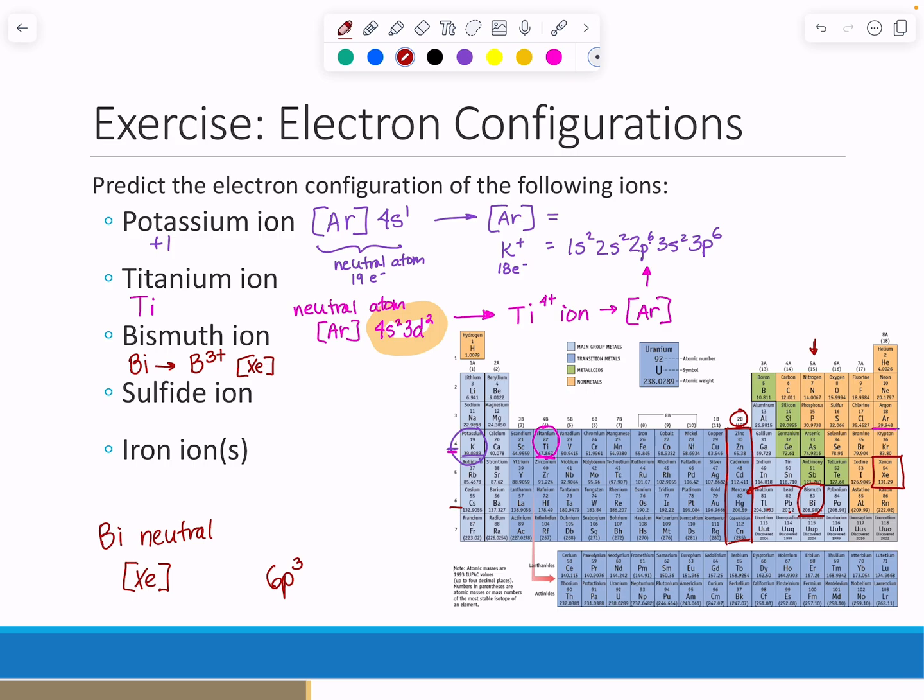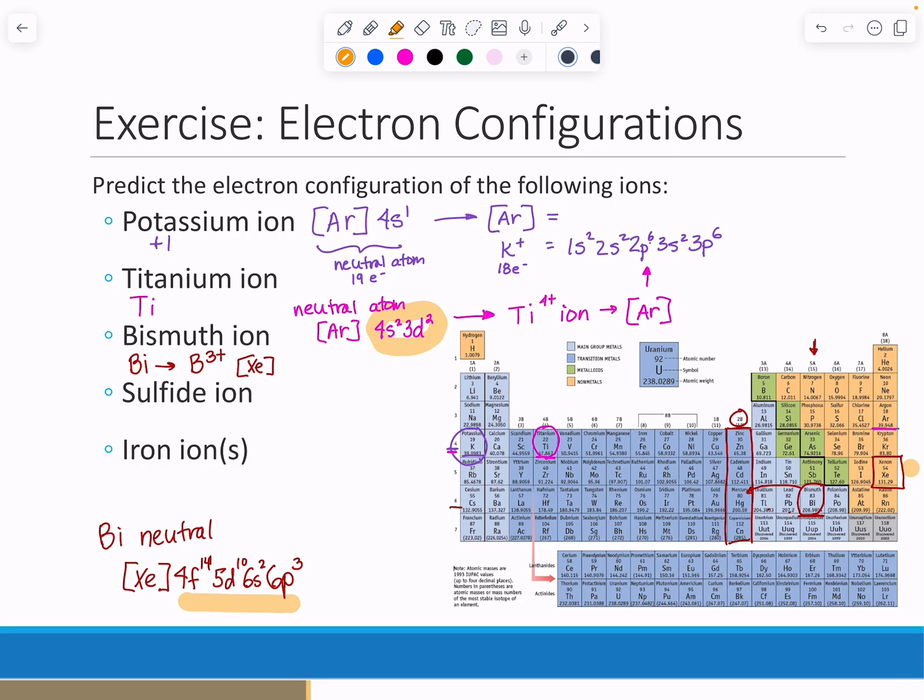Okay, so that would be 4f14, and 5d10, and then 6s2. And so this one's a difficult electron configuration because there's a lot of electrons beyond what you see in the nearest noble gas, okay?